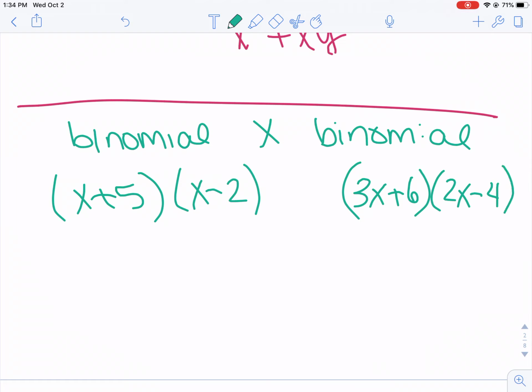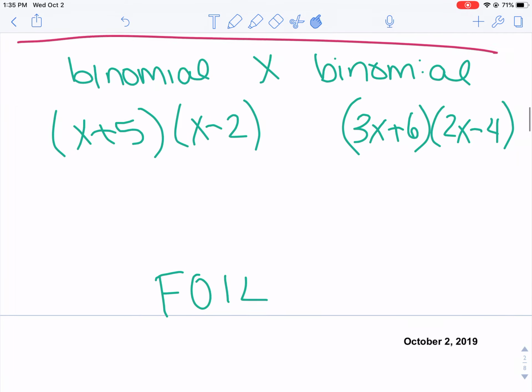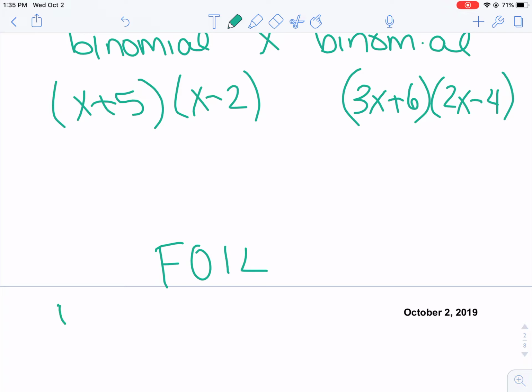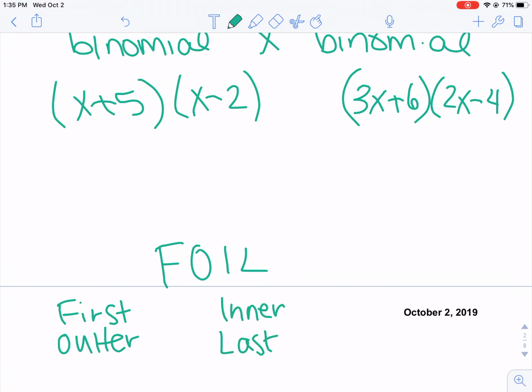When we do this, we have a special name for it, and probably in your mind right now you're saying FOIL. What FOIL stands for is first, outer, inner, and last. It tells us how we're going to multiply these.